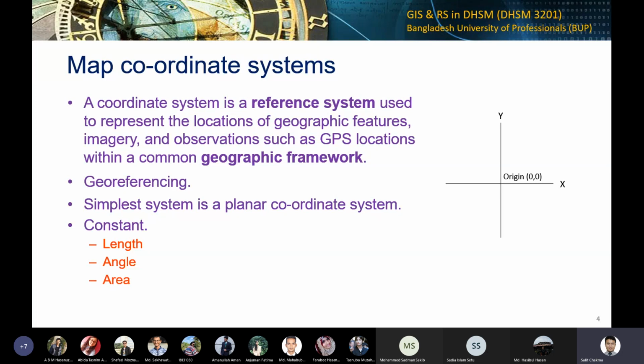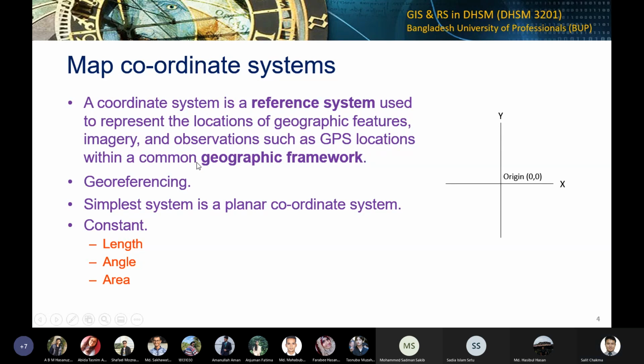What is a Cartesian coordinate system? It's two-dimensional. You have already done it in primary school or high school. That's a graph. You have drawn graphs. In your exam, maybe in the SSC exam, you said that you need a graph to answer the questions. So that's the Cartesian coordinate system.